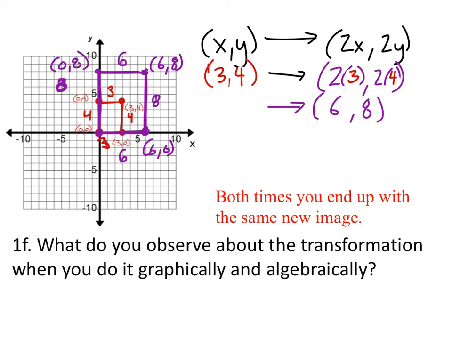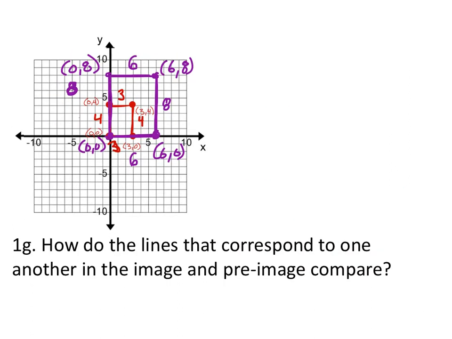And the origin, if we double that, we still end up with the origin at 0, 0. So these would be the new ordered pairs for the transformed shape.